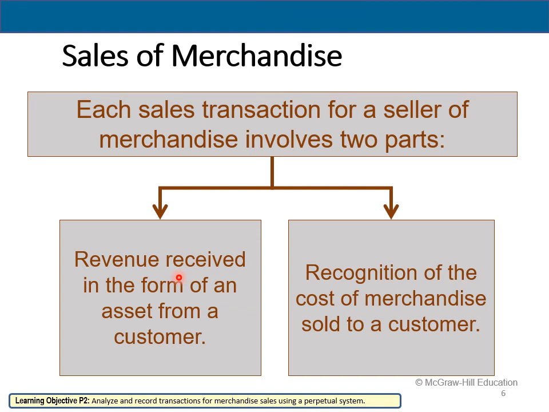If it is on credit, then you debit accounts receivable and credit sales revenue. The second entry required when goods are sold is the recognition of cost of goods sold expense. Expense is a debit, so you'll debit cost of goods sold and credit the merchandise inventory account.